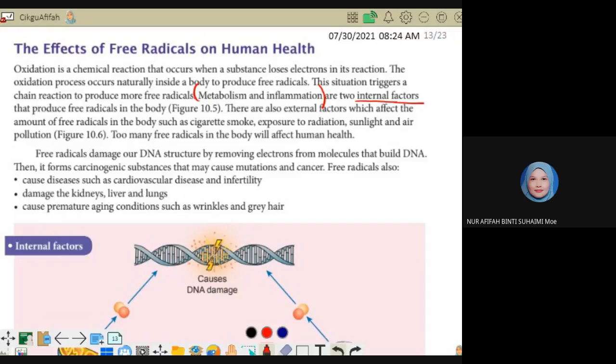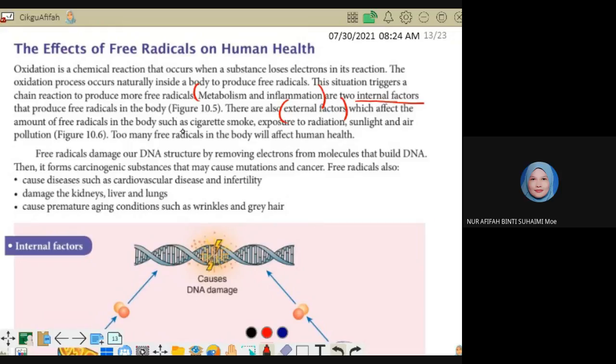The second one is external factor. There are external factors also that can increase the production of free radical inside our body. Other than metabolism and inflammation that occur in our body, ada faktor luaran that will increase the production of free radical in our body.